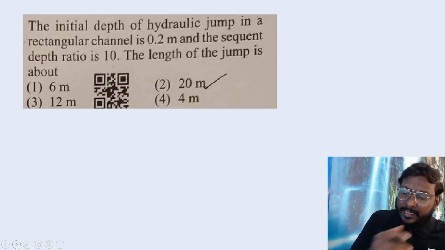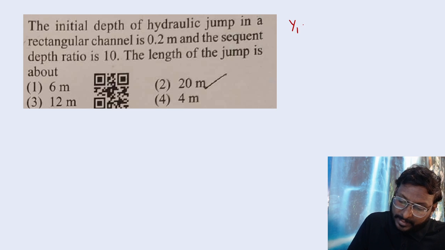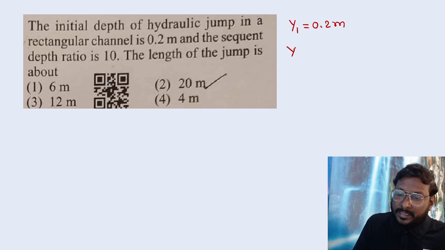Initial depth of hydraulic jump, Y1 is 0.2 meter. Sequent depth ratio, what is sequent depth ratio? Y2 by Y1 is 10.